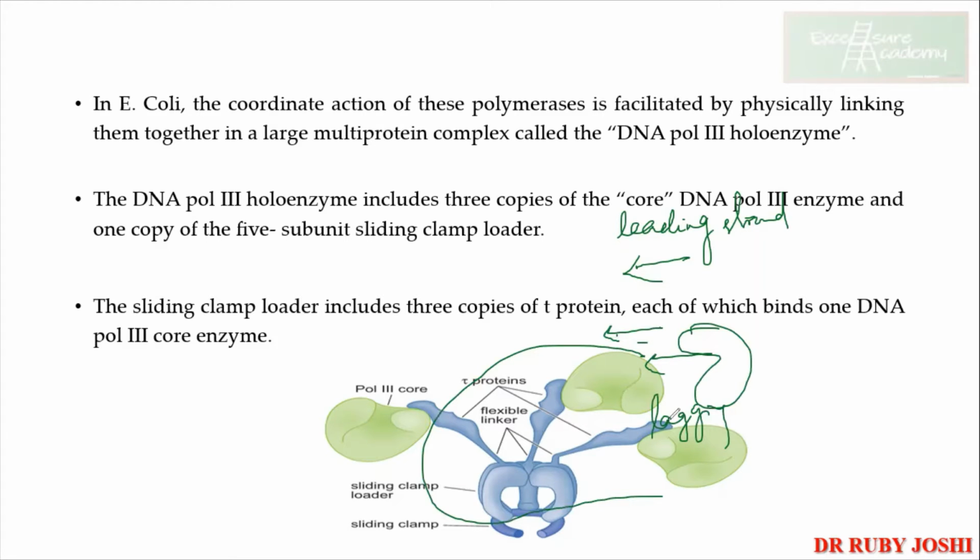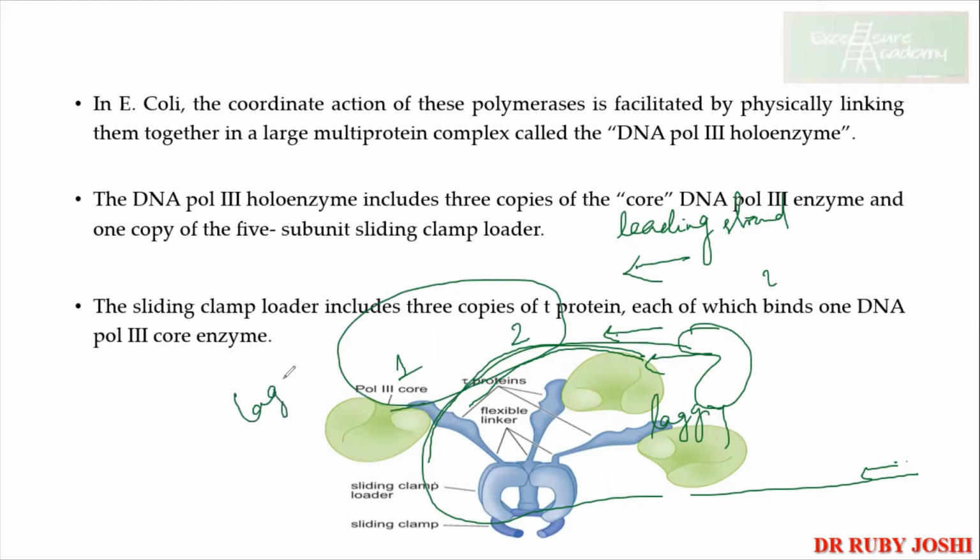Now what will happen? The moment it is synthesizing this much portion, this front part has become free, right? A new primer has been set. So by the time this is synthesizing and becomes free, this region will be taken in front and a second polymerase will bind it. So 1 and 2 are always associated with the lagging strand and 1 is fixed for the leading strand.